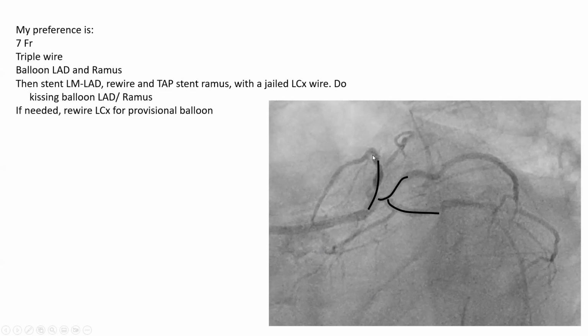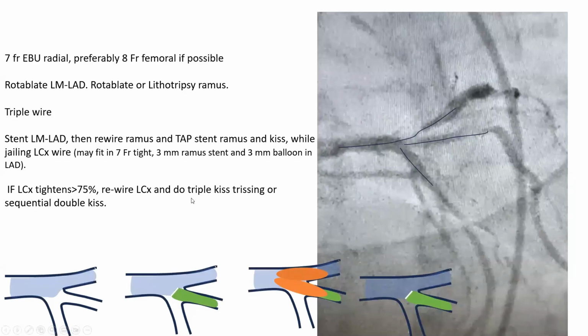Then I would do kissing balloon of the LAD ramus. If needed, you rewire the left circumflex for provisional ballooning, and if absolutely needed, you may place a third stent in a tap fashion, sequential taps. It's kind of the same approach that I would adopt in that case.